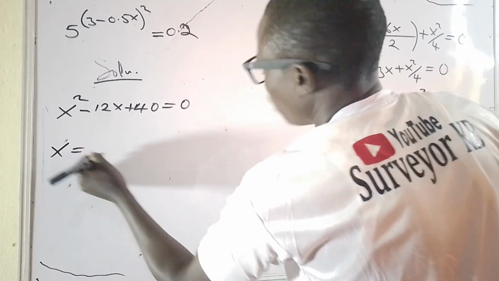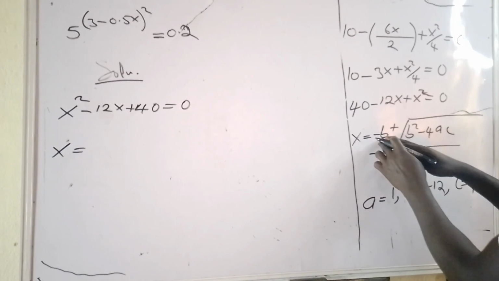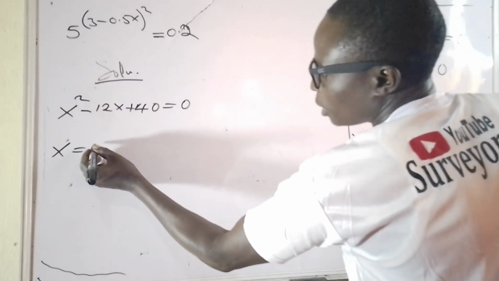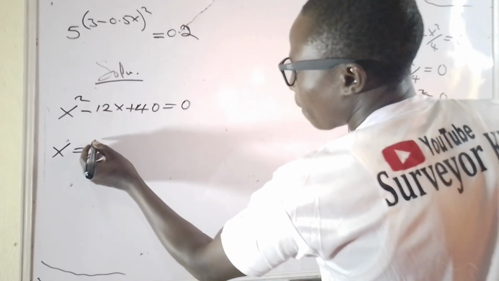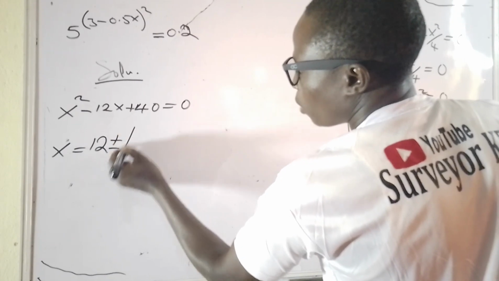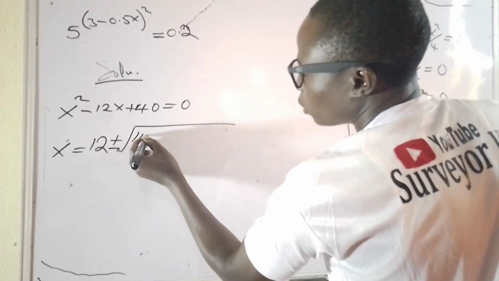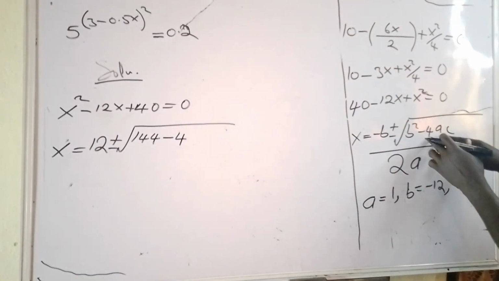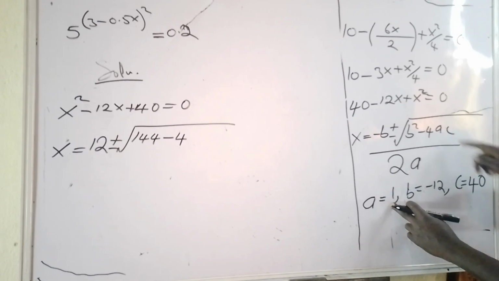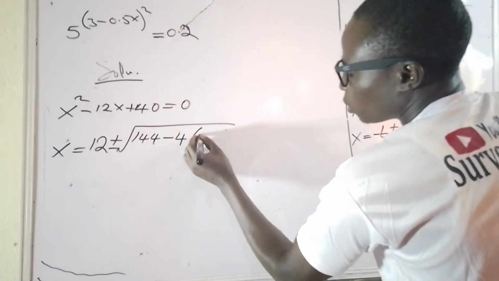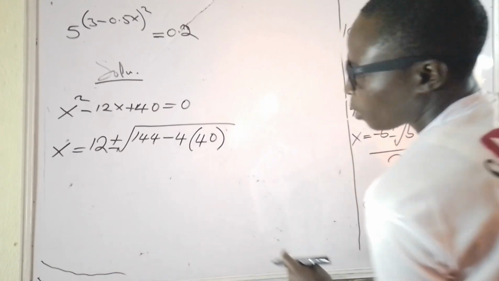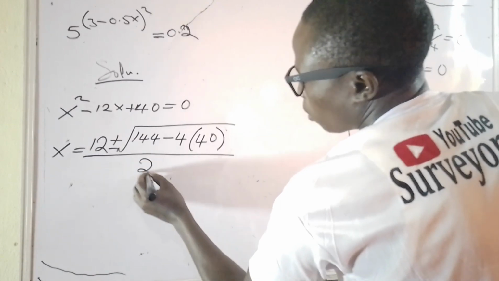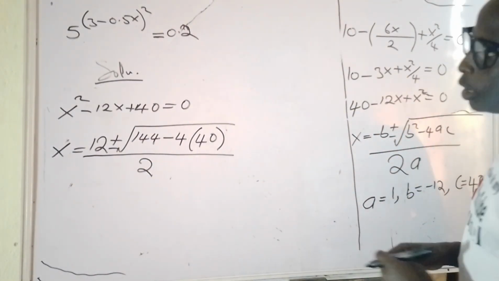So x is now equal to, going by this, minus b. Since I have negative here, I also have another negative here, then I will just put 12 plus or minus the square root of 12 squared, which is 144, minus 4. Our a is 1, so 4 times 1 is still 4, and our c is 40, and everything over 2a. 2 times 1 is still 2.